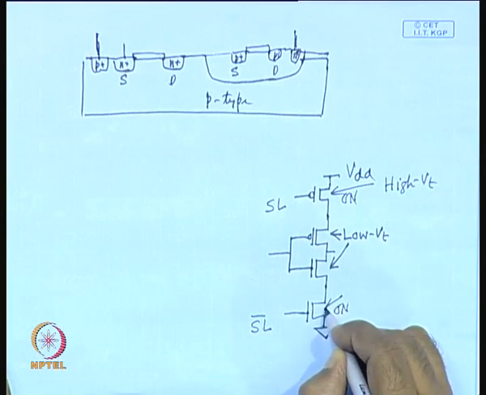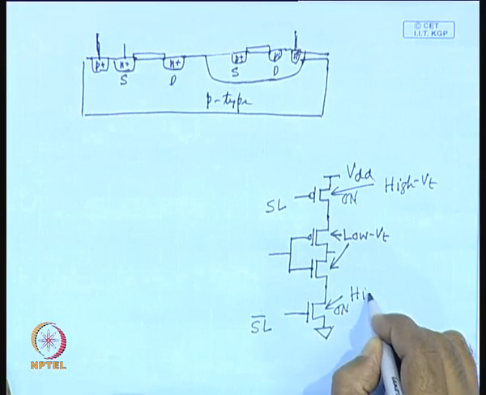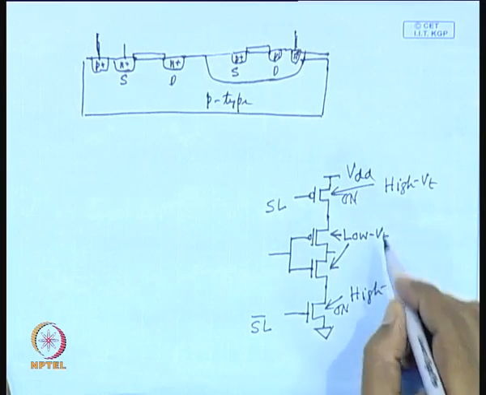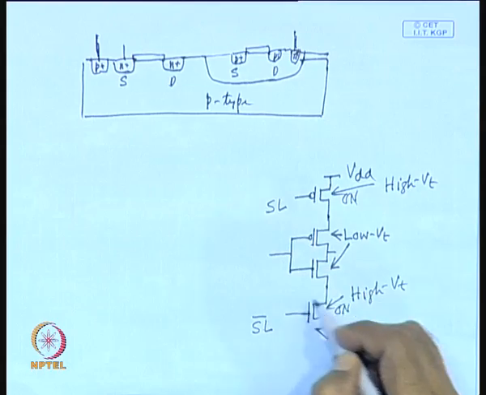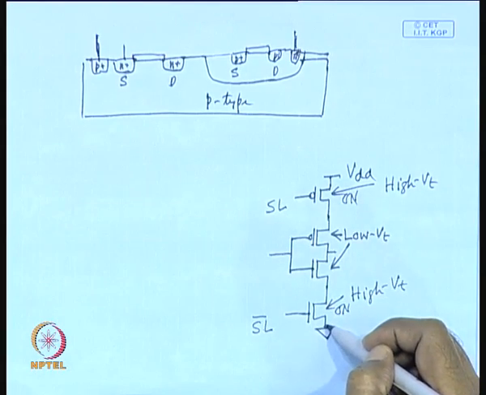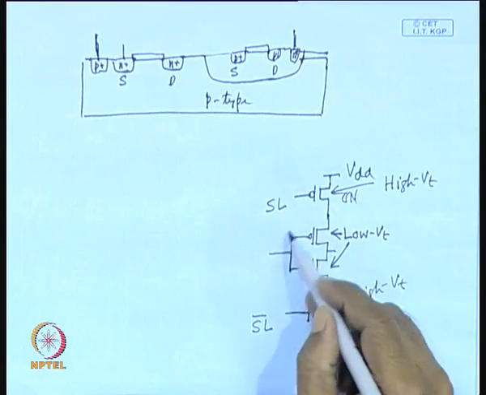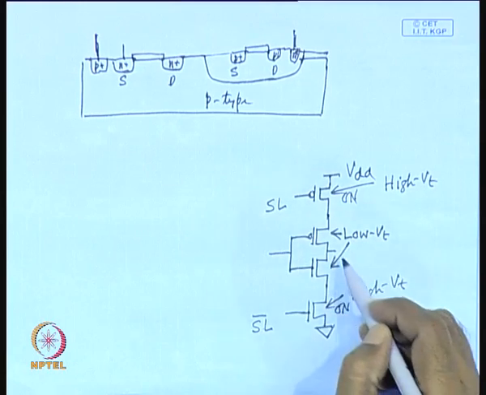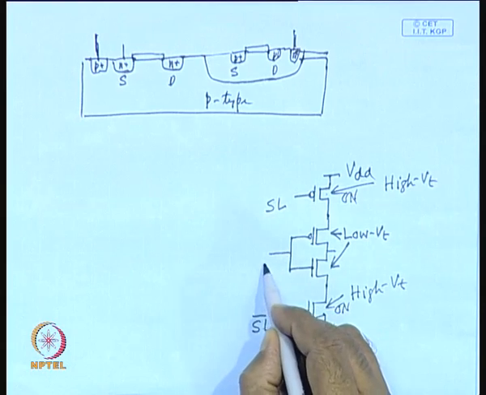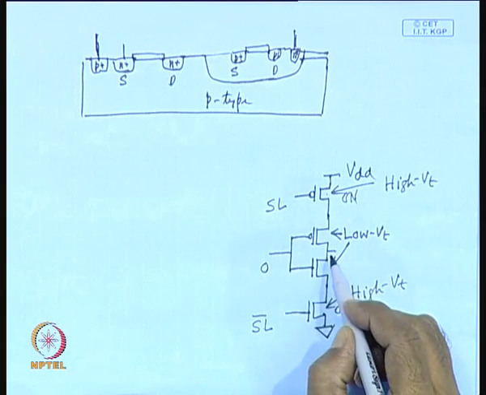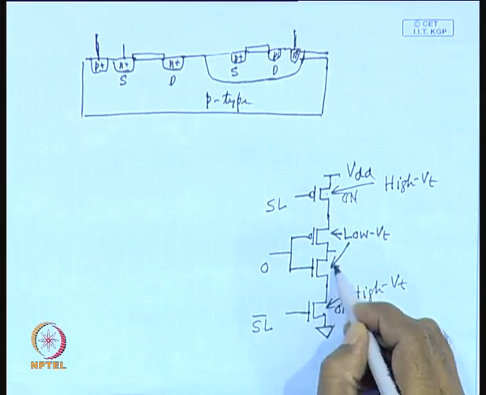This is also a high VT transistor, this is also a high VT transistor. Both are high VT transistors, but these are all on, and so the current that will be passing through it will be dependent on the current of this particular circuit, because both the transistors are on, and if the input is say 0 volt, then the leakage current will be dependent on the leakage current of this transistor.